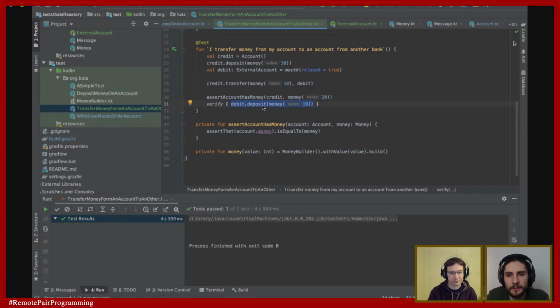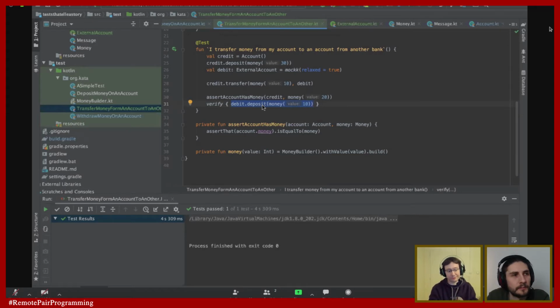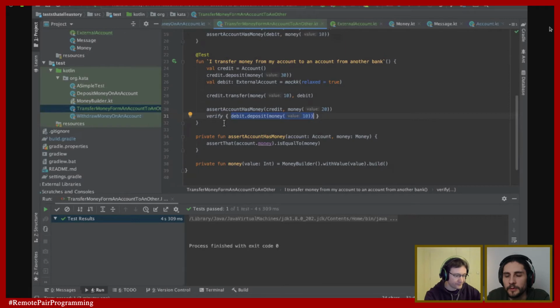You have coupling with the data, meaning the money from the account. Maybe that change is not that problematic, because you refactor the logic a lot more often than you refactor the data. Yes, I agree. But anyway, this is the way to do things. So that's one approach.